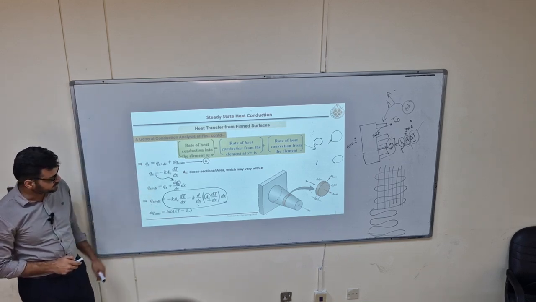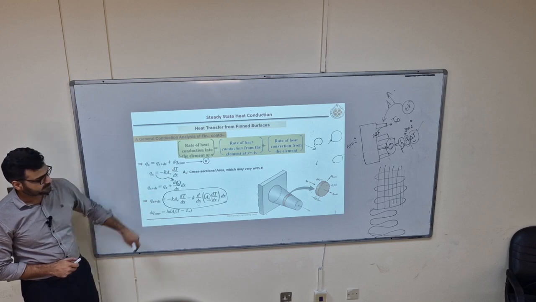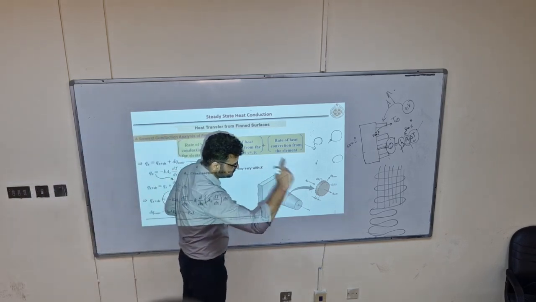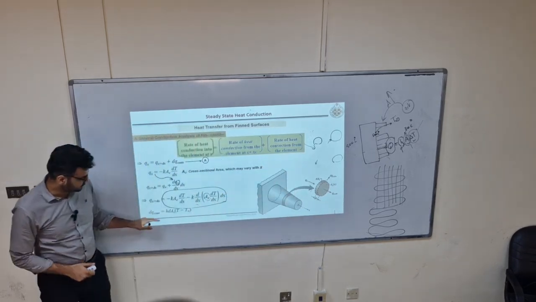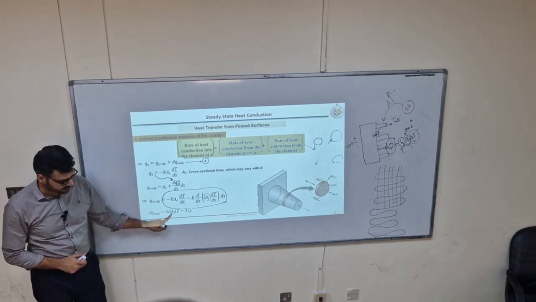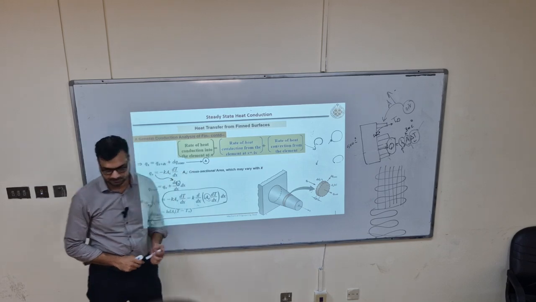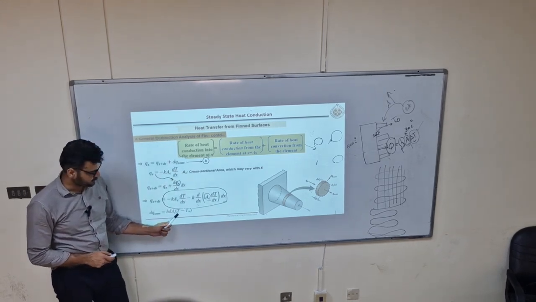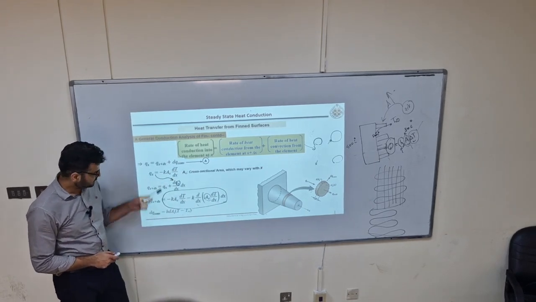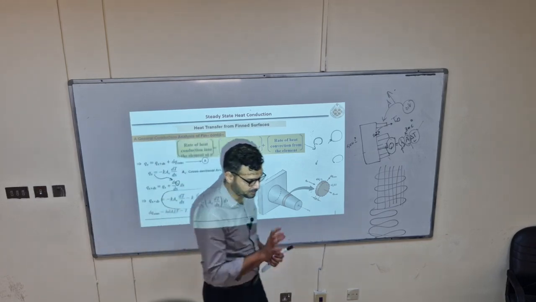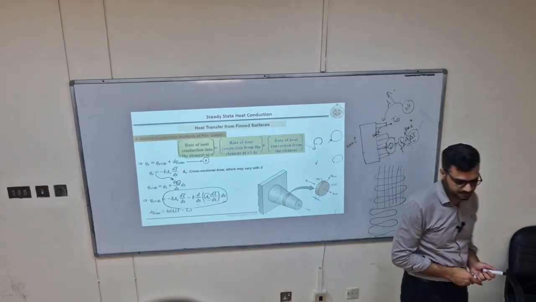Now what is dqc? Convection, from which area? Surface area. So h, this differential surface area, into T, whatever is the temperature at that point, the temperature of the fin minus T infinity. So these three equations are clear. Now we will put them in the main energy equation.